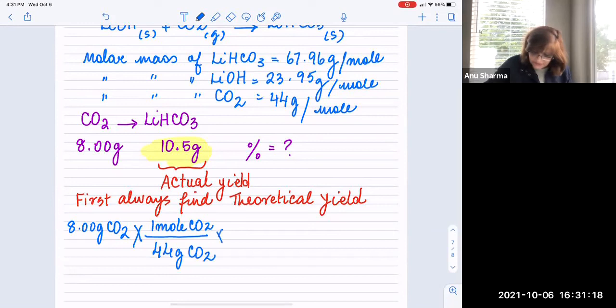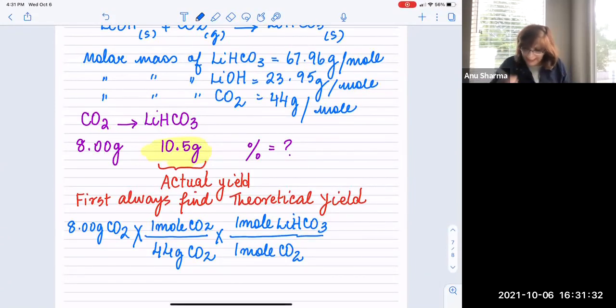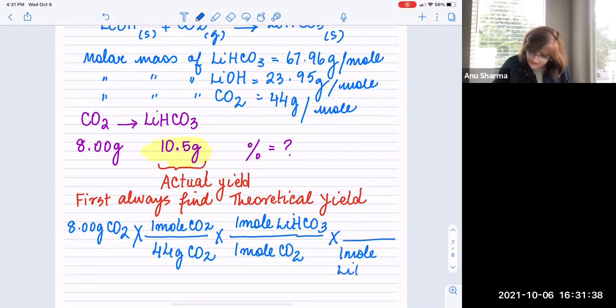Times the mole to mole ratio: 1 mole of CO2 produces 1 mole of LiHCO3, lithium bicarbonate. Next, 1 mole of lithium bicarbonate is 67.96 grams.